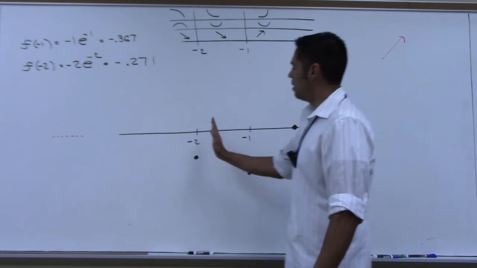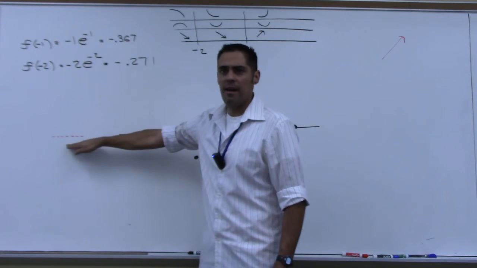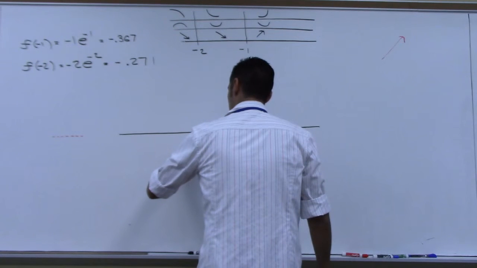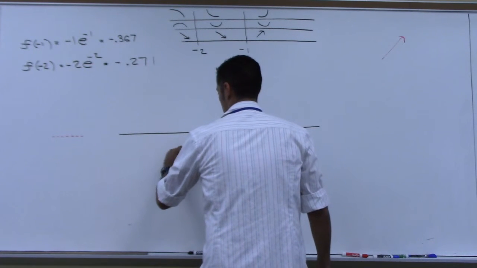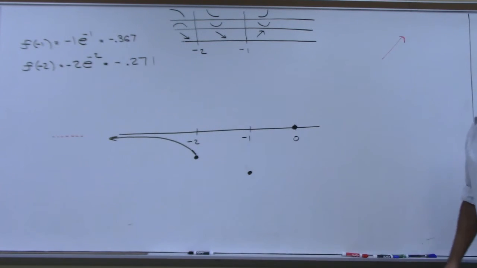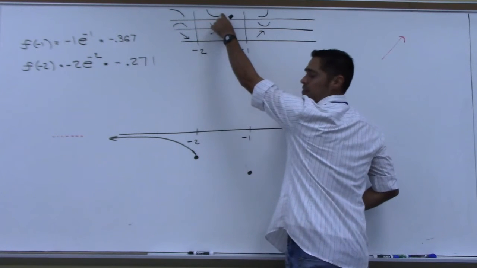So let's see. To the left of -2, it's got to look like that, right? It's got to flatten out towards that. So I've got to make this look right. There we go. That okay with you? And then from here to here, it's got to look like this.